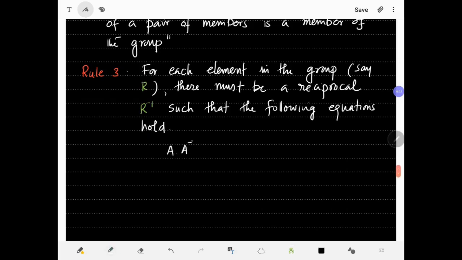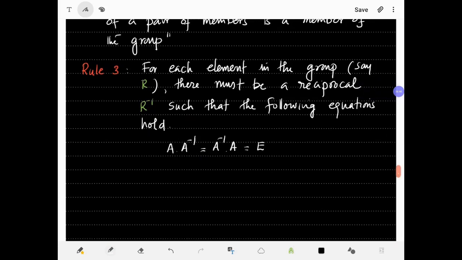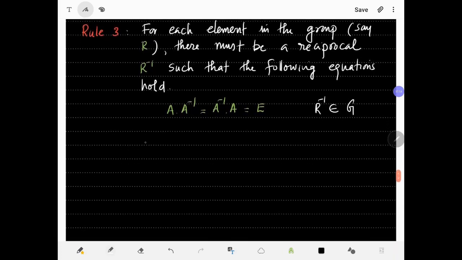This R into R inverse should be equal to R inverse into R, which should be identity element. And this R inverse should also be a member of the group. So you should always keep in mind the R inverse should not be from outside. This R inverse should also be one of the elements in the group.